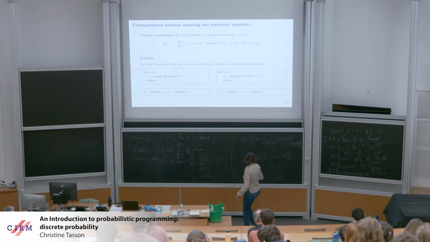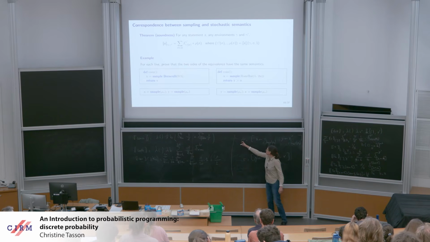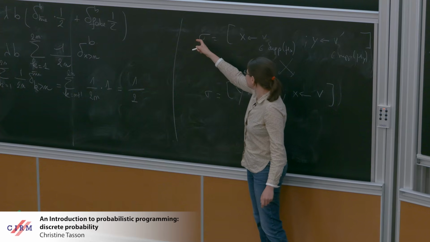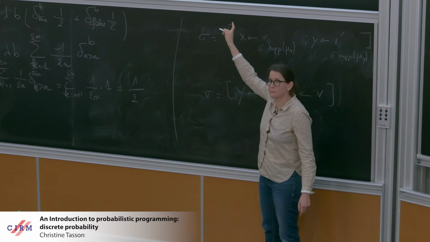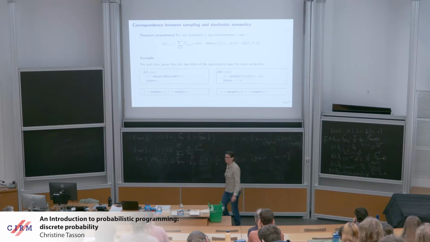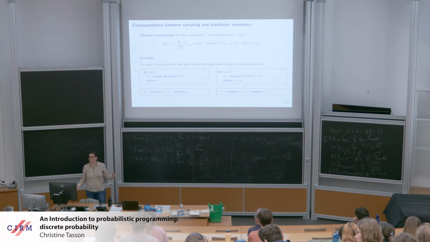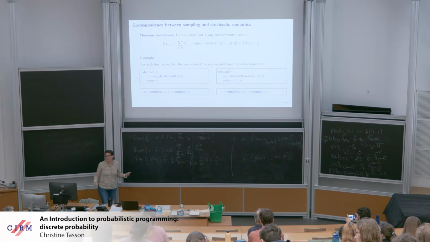So the important thing is, for this sampling trace and this sampling trace, I get the same result. Depending on what you want to prove, you will use one or the other semantics. And the important thing is they are the same.